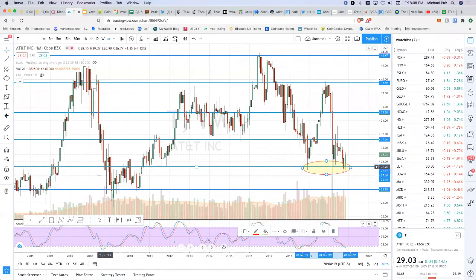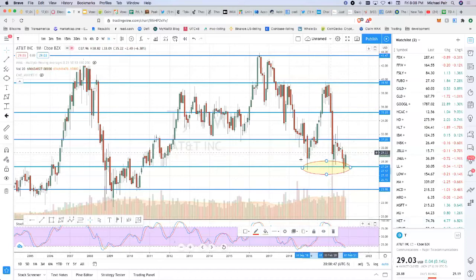This is the only area that it broke below, and it hit that 24 area, in recent memory. That goes back to October of 2008. So you literally have to go back 10 years before you get back to this 24 area. So to me, this is a good entry point. If more bad news happens, then it may get back down there. But I would say this is a strong area.